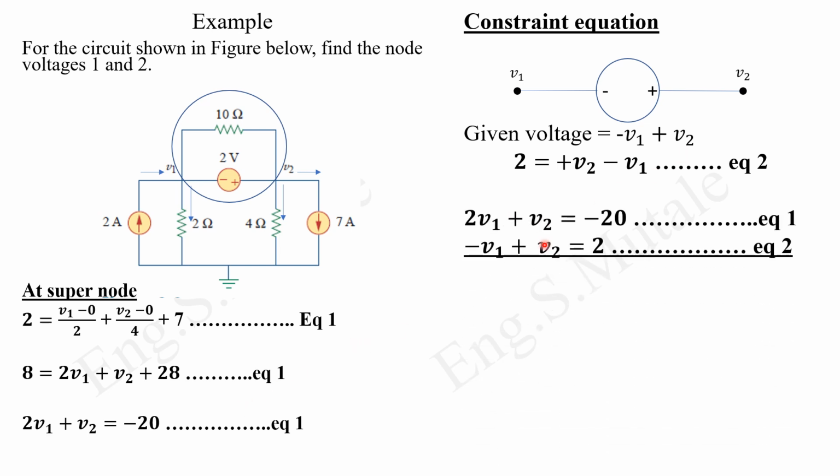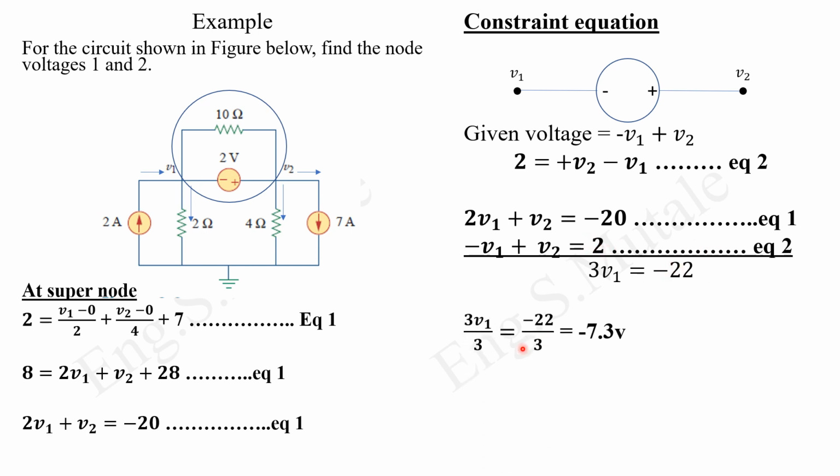So when we do our simultaneous equations, having equation 1 and equation 2, I can eliminate V2 by just subtracting 2V1 minus negative V1. It's going to give me 3V1. Negative 20 minus 2 is going to give me negative 22.